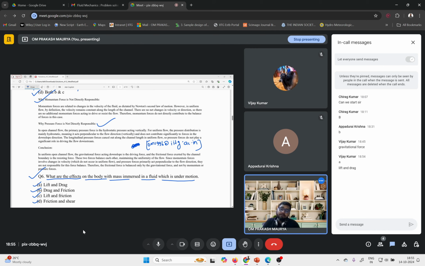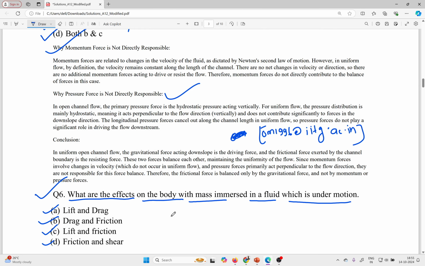Okay, you are right. Obviously, drag and lift will act. But friction also will act, but not directly. The good answer is lift and drag here.